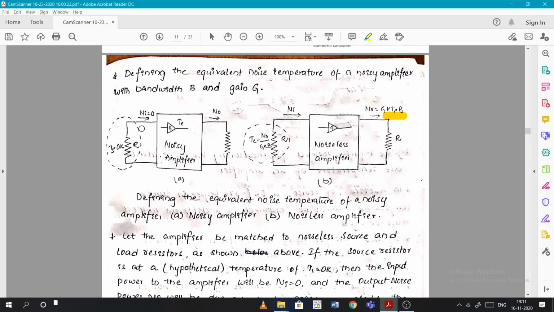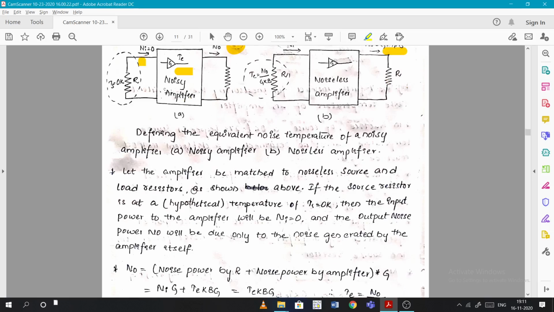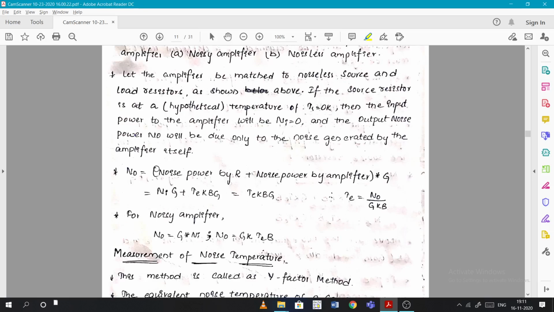So basically these two are cascaded. This will be added to this and the resultant will be obtained here. How can we write the output?